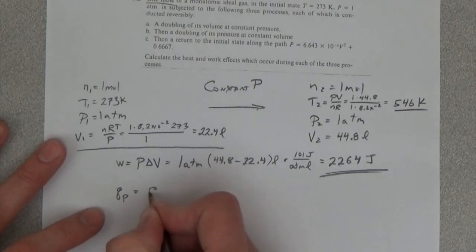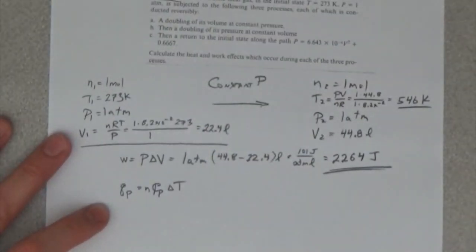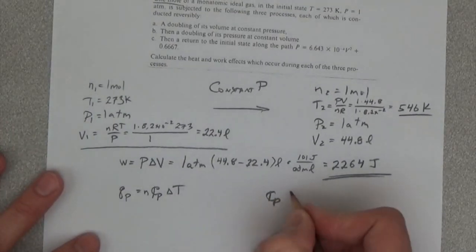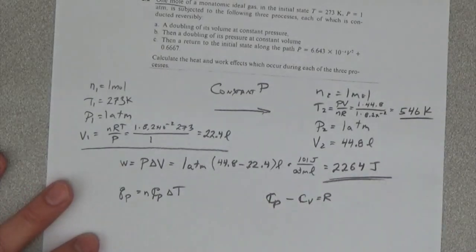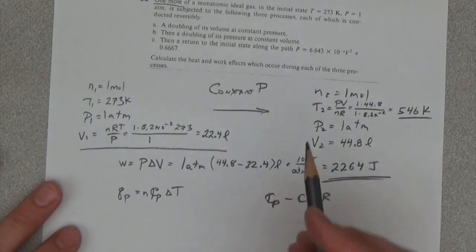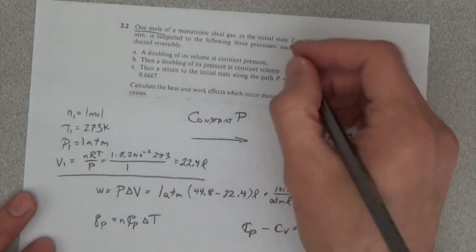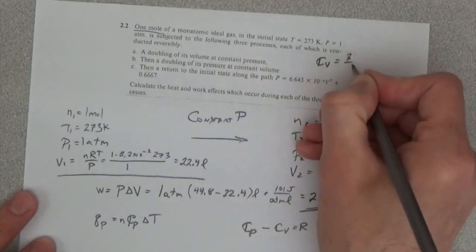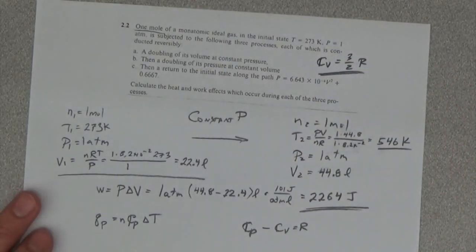It's equal to Cp n delta T, and Cp minus Cv equals R. And we don't have a Cv, so let's say Cv equals 3/2 R from before.